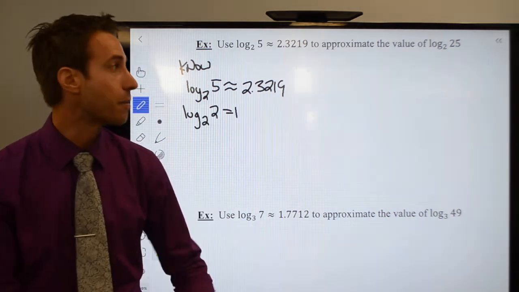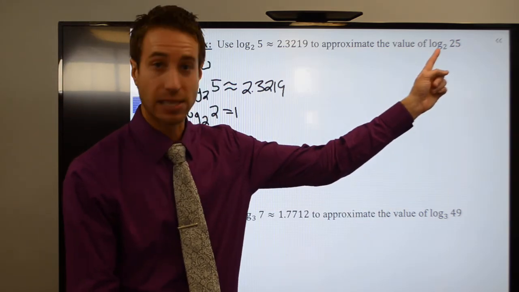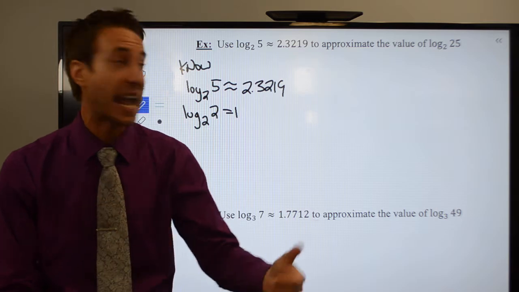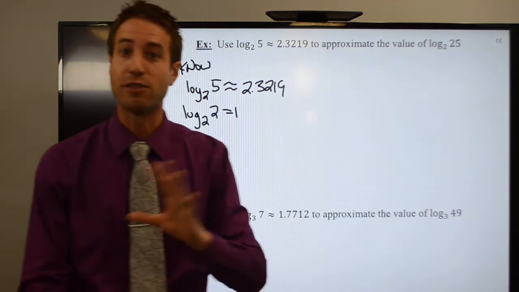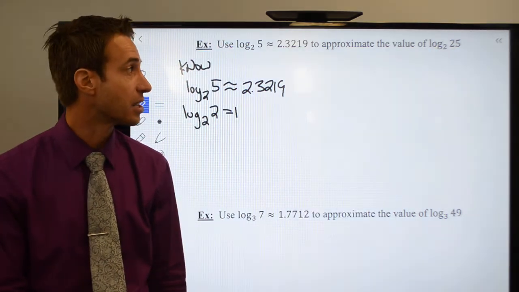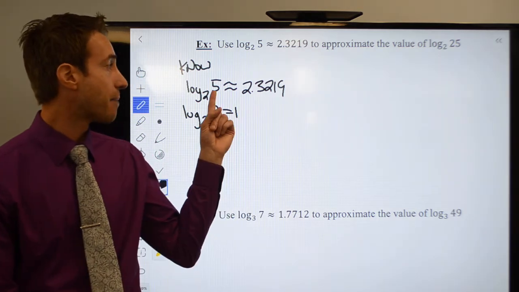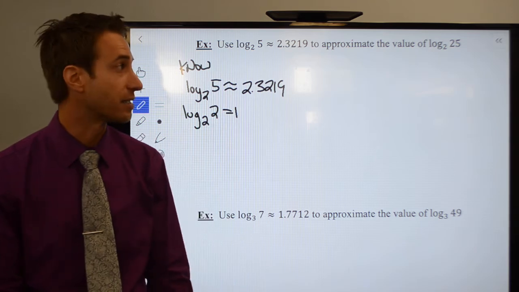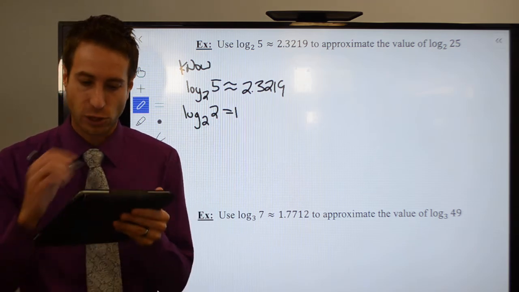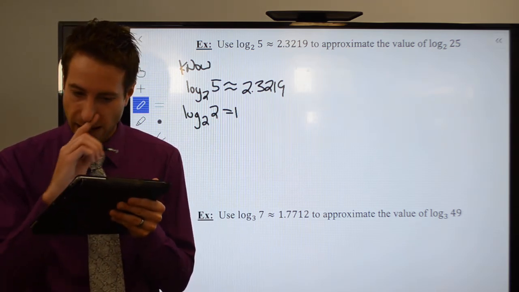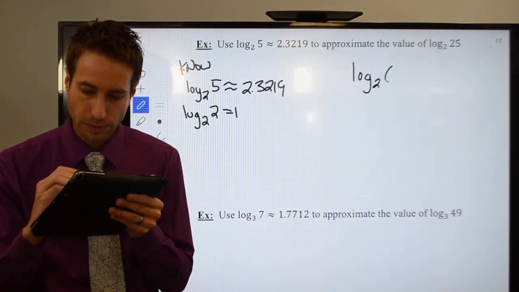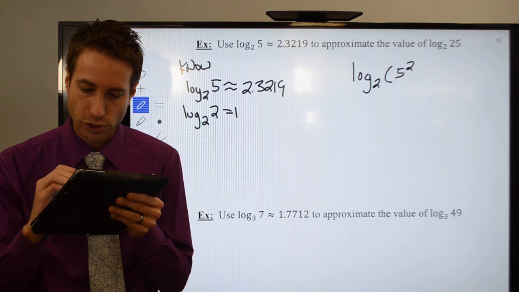And using that information, we're going to expand log base 2 of 25 using the exponential properties of logarithms. And right away, since I've been given something with a 5 in it, pretty easily you know that 25 is 5 times 5, or 5 squared. I'll write it as log base 2 of 5 squared.